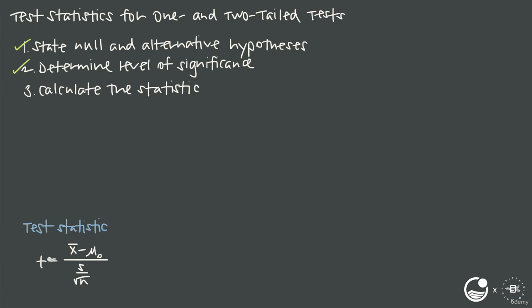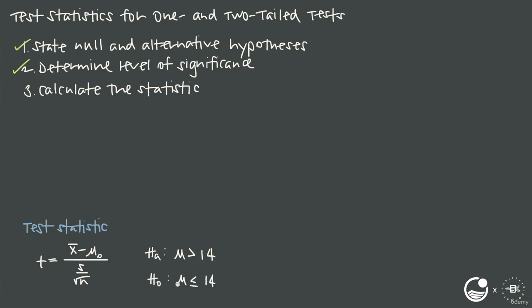You may recognize that the values in this test statistic formula are the sample mean, the mean that we calculate from the sample that we take from our population, and this mu sub 0 value, or mu naught, which is our hypothesized value. In the last lecture, when we were talking about determining the level of significance, we gave these hypothesis statements where the alternative hypothesis was mu greater than 14, hypothesizing that mean order processing time was longer than 14 hours, and the null hypothesis is the opposite statement: mu is less than or equal to 14.